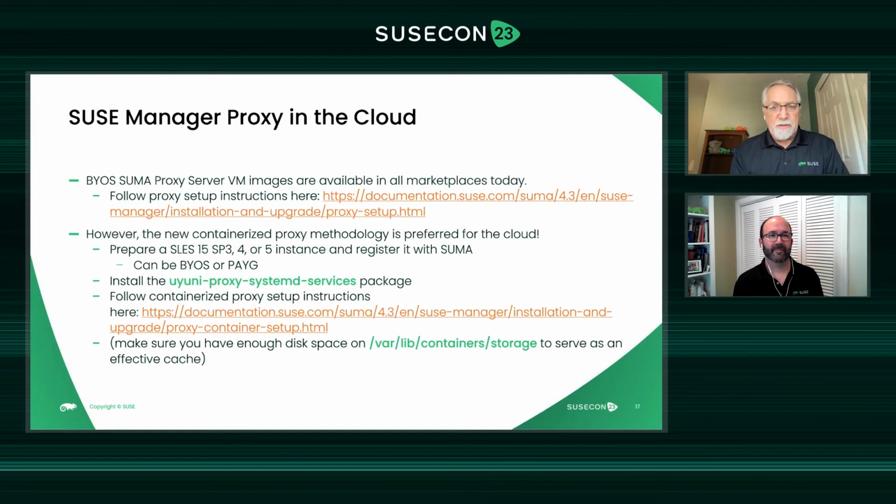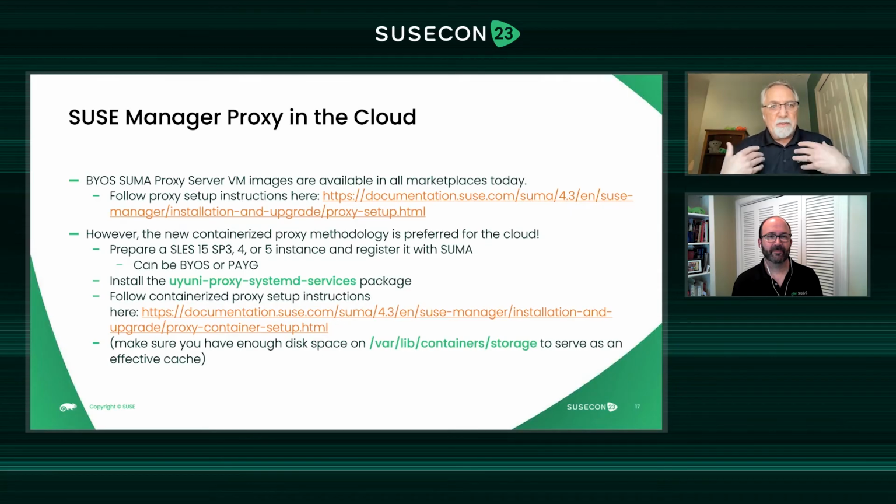It still requires, on the BYOS side, that proxy or that server be registered to SCC in order to get updates. On the new pay as you go one, it automatically registers to the RMT infrastructure in the public cloud. And it does not do that with what we have now.